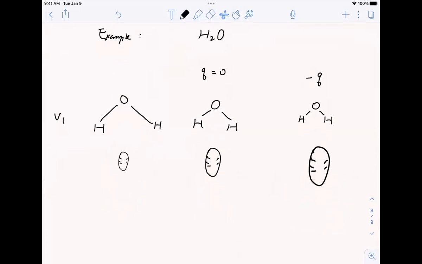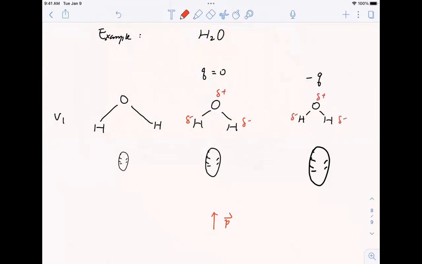So what about the dipole? Hydrogen is small, so hydrogen will get more electron. So you have this negative sign here, negative, positive. So the dipole is going up, and now the whole thing gets smaller, right?